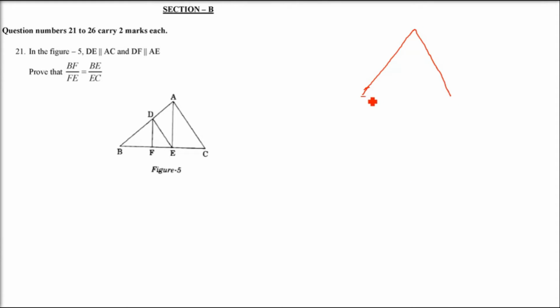Wherever we have a triangle and a line passes through two sides and is parallel to the other side, the sides it cuts are in equal ratio. That is, AD by DB equals AE by EC, and this we are going to use.